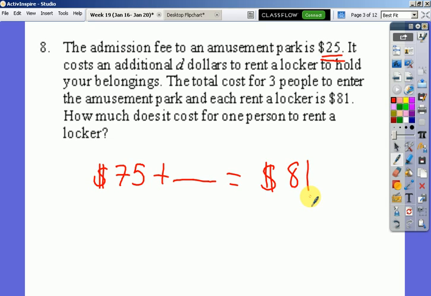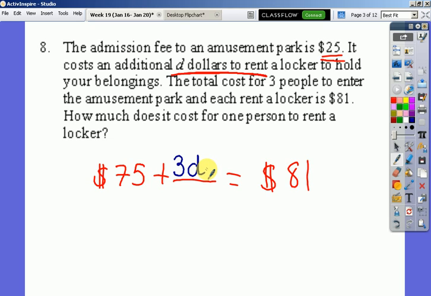That it costs an additional $D to rent a locker? It costs $D. We don't know how much, right? Per locker, that's what we're trying to find. We're trying to find that unit rate. How much does it cost per locker? We know how many people are renting lockers. 3. So 3 people times the price per locker, right?